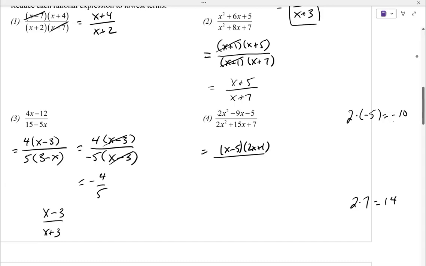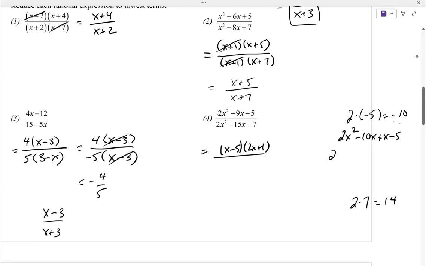2 times negative 5 gives you negative 10. So we need things that multiply to negative 10 that give you negative 9. What works? What multiplies together give you negative 10 and adds to negative 9? Yeah, negative 10x and a plus 1x. Good. So you'd have minus 10x plus x minus 5, right?